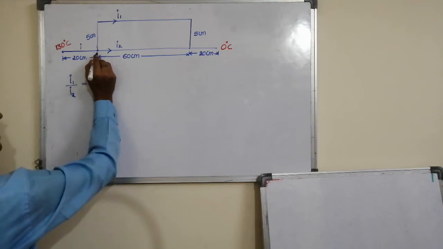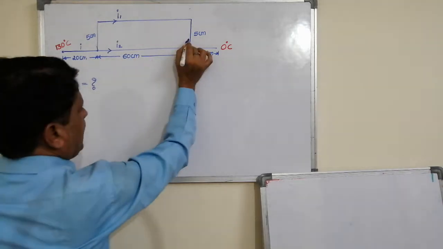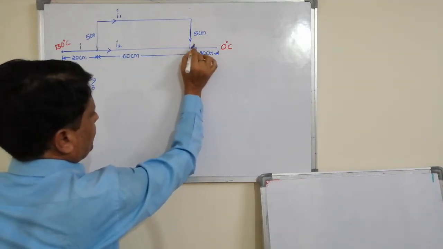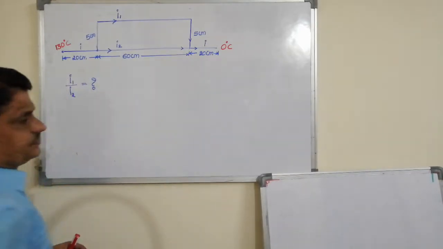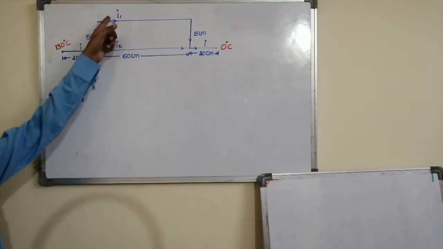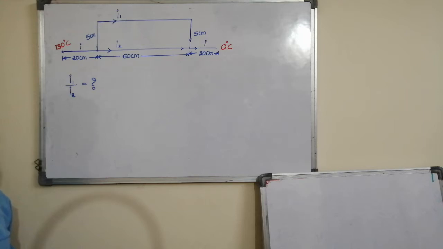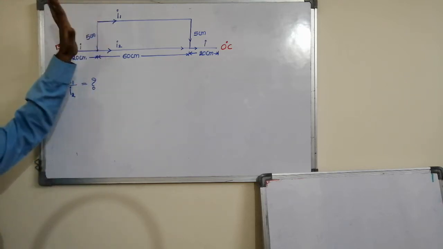This I current divides into I1 and I2. And both the currents will flow, come here, and once again this is I. From this it's clear that I1 plus I2 is equal to I. Means this total current divides into 2.